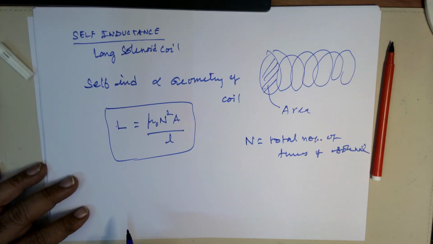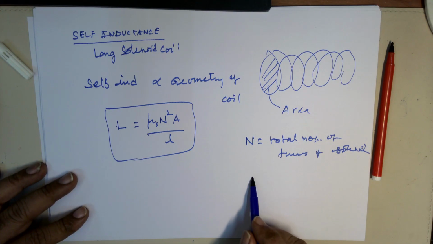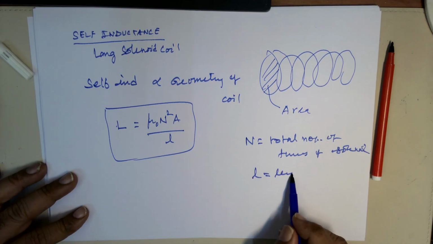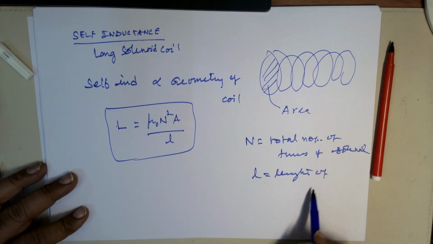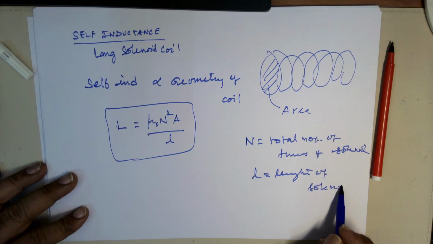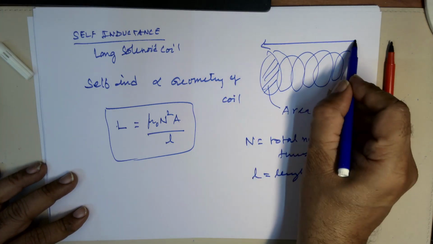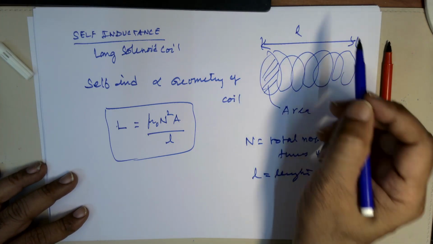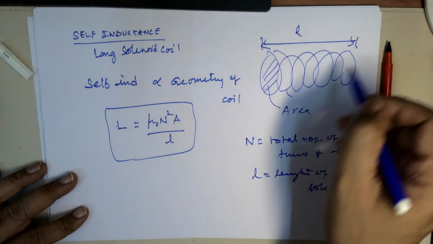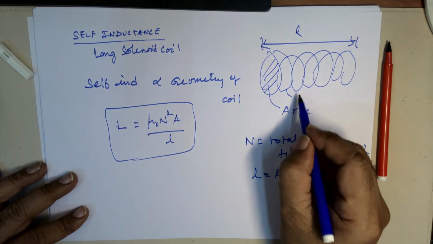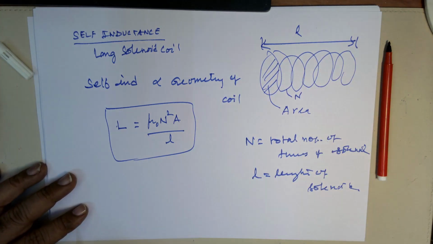L is the length of the solenoid. So this is the length of the solenoid, and this is the overall length, that is n number of turns of coil.